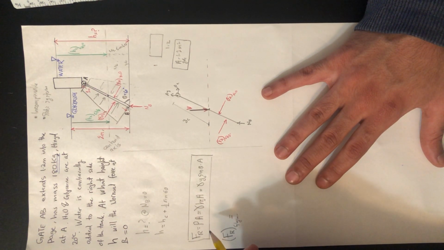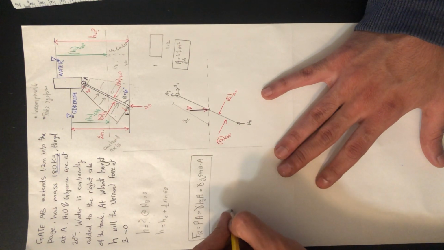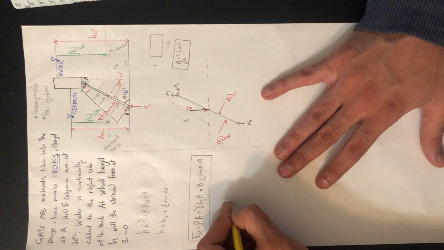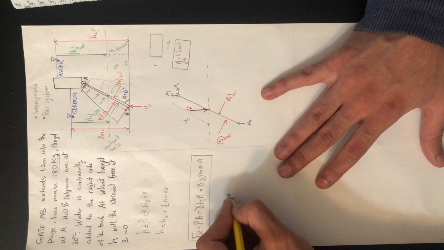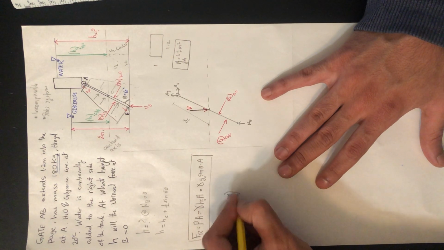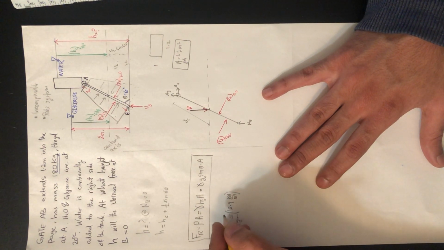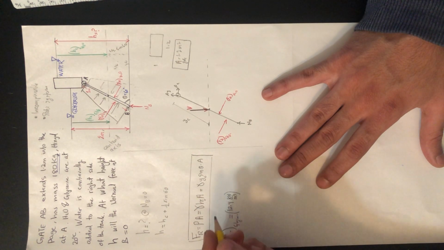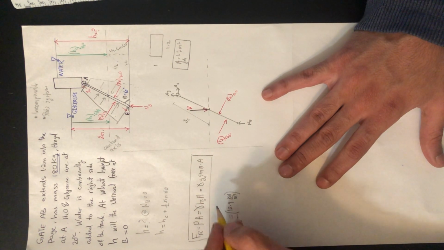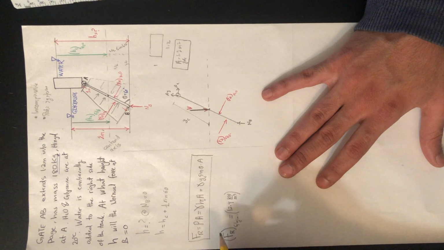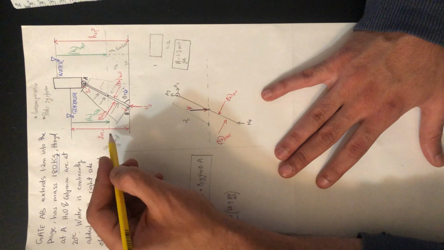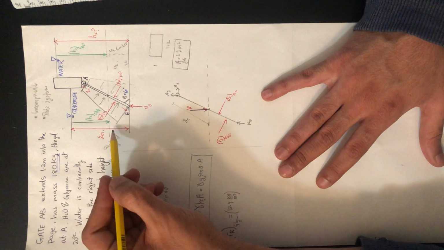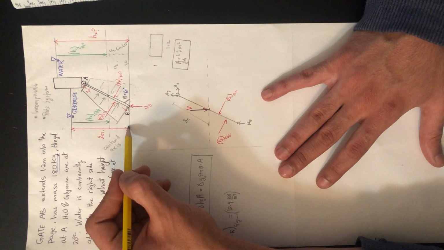Our specific weight for glycerin is 12.4 kilonewtons per meter cubed from table 1.6 for the physical properties. And our height HC for the glycerin is 2 minus this vertical distance.